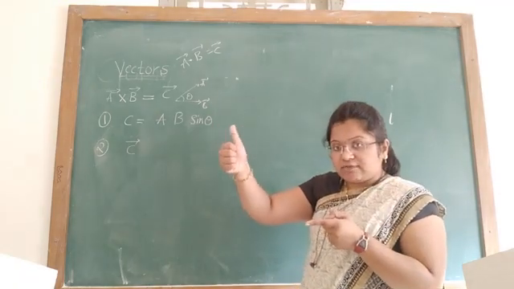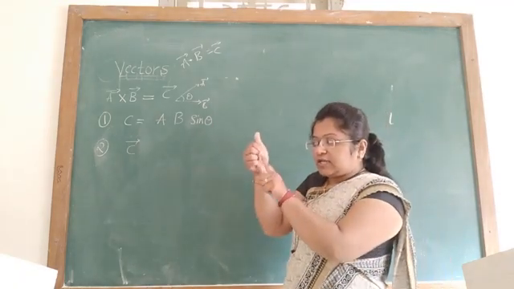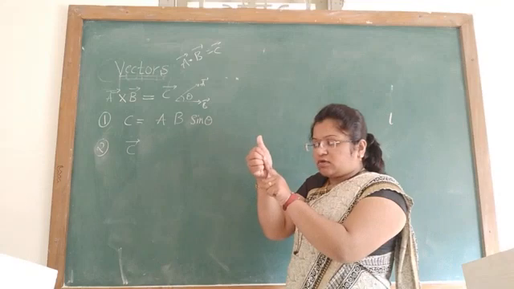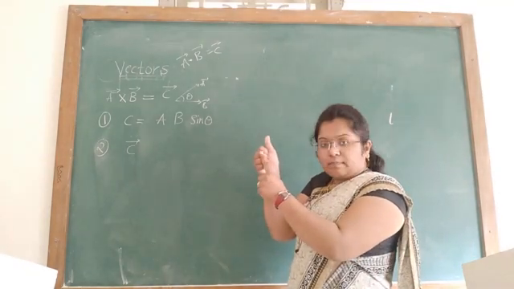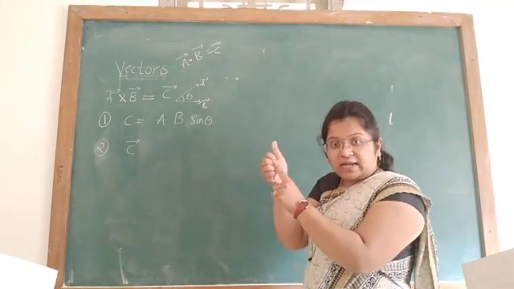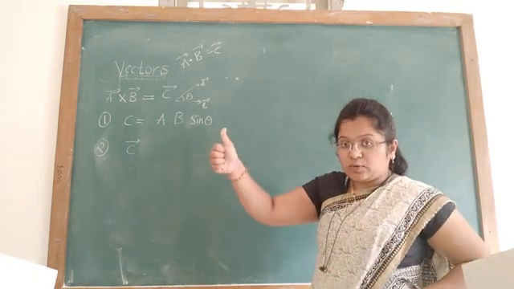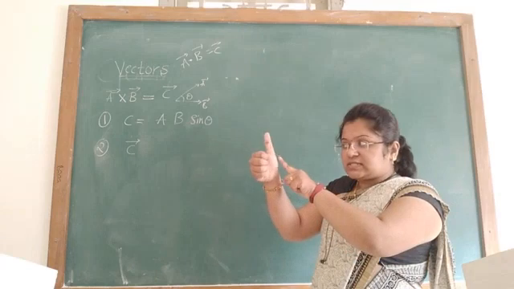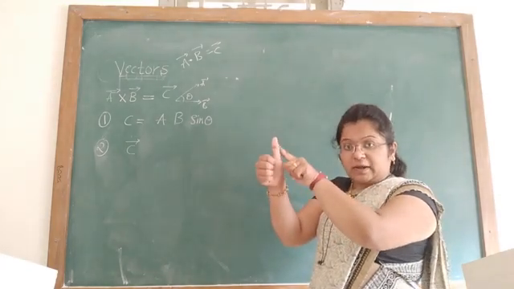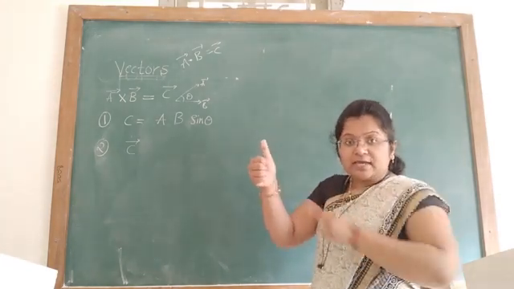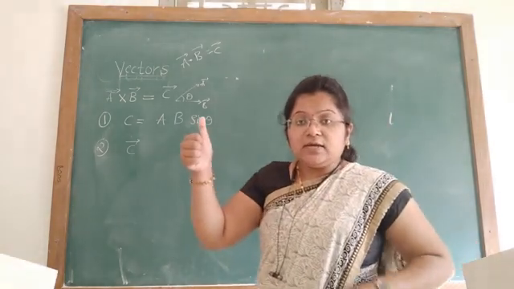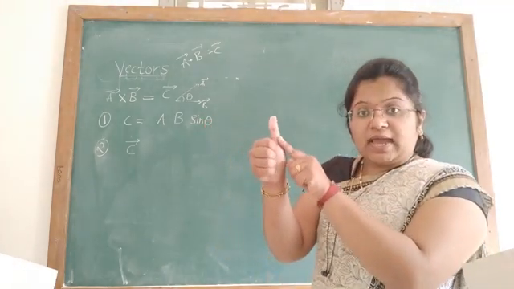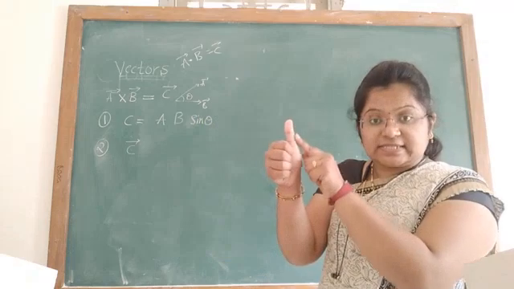If you curl your fingers, you can understand. Where you get your nails, that is vector B, and the middle portion of the finger is vector A. So when you curl your fingers, A and B are here. The thumb, which is perpendicular to A and B, is the direction of C.